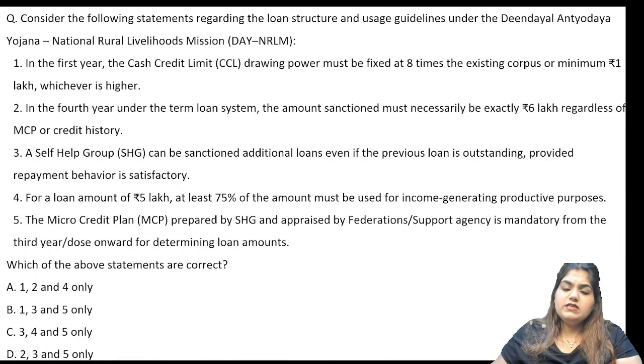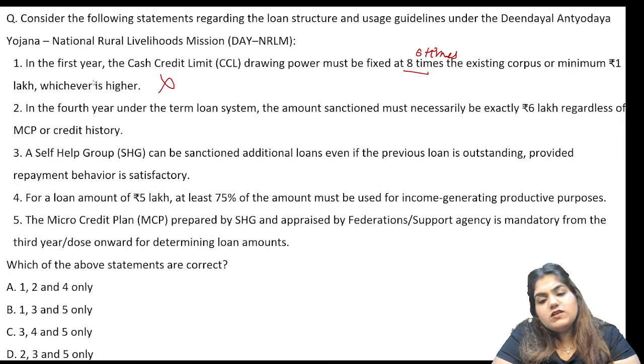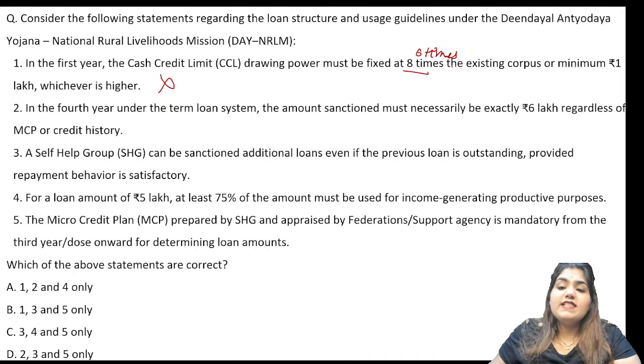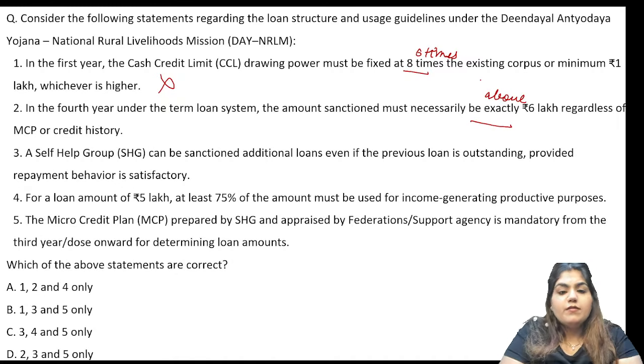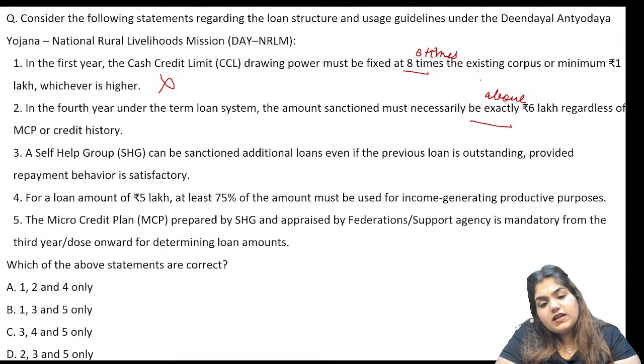Statement number 1 is incorrect. Statement number 2 is again incorrect. It can go above 6 lakhs. Statement number 3 is correct. Statement number 4 is correct. Statement number 5 is correct. That will give us C as the correct answer.